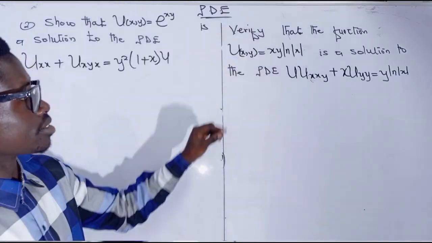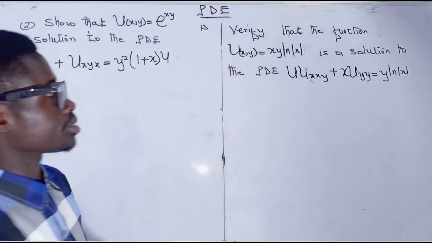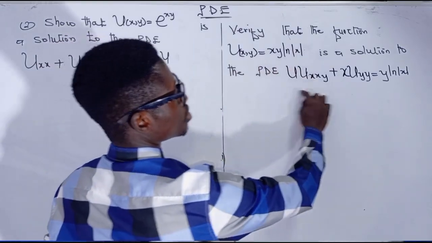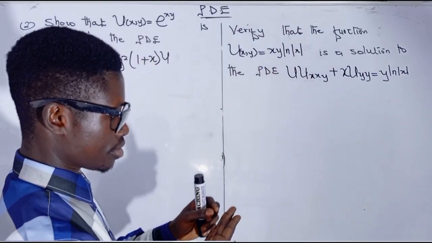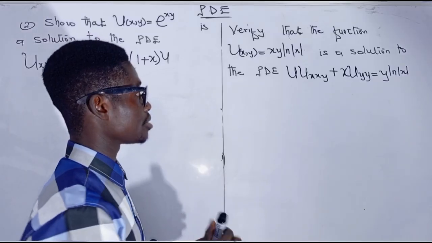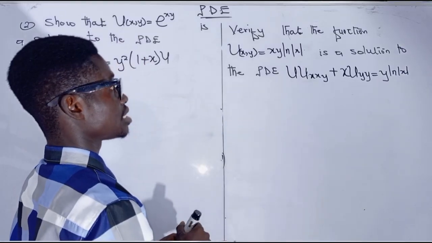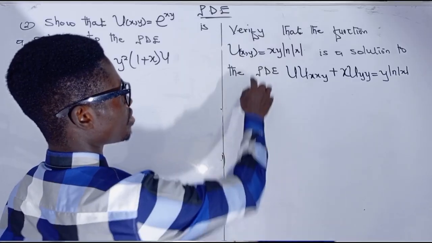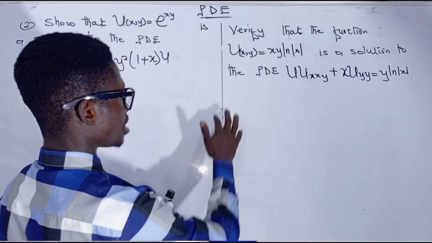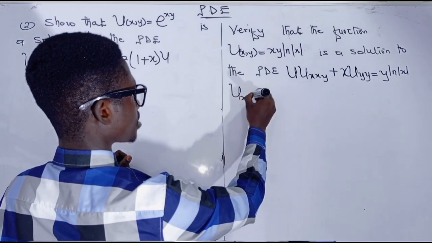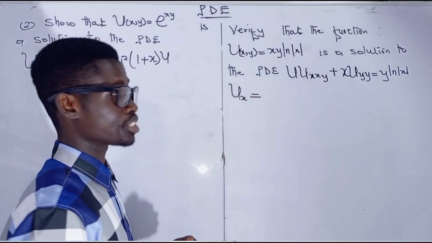Let's look at these two particular examples. So let's start with this one. We want to verify that the function xy ln x is a solution to this PDE. So we are going to apply the same concept, the earlier concept that we used. We are first going to take the third partial derivative of the function u with respect to what? x and then y. So we have our u_x as the first partial derivative of the function u.